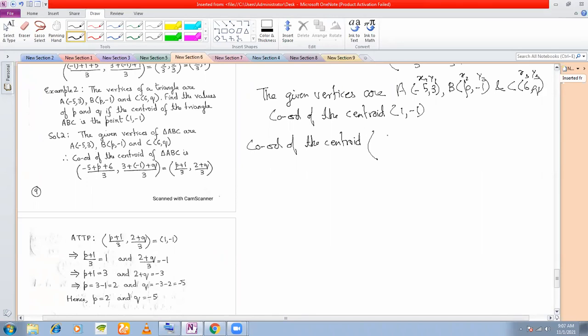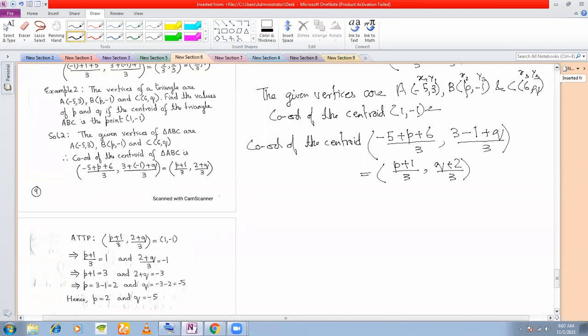So the x coordinate is x1 plus x2 plus x3 divided by 3, and the y coordinate is y1 plus y2 plus y3 divided by 3, which is equal to (p plus 1)/3 and (q plus 2)/3.